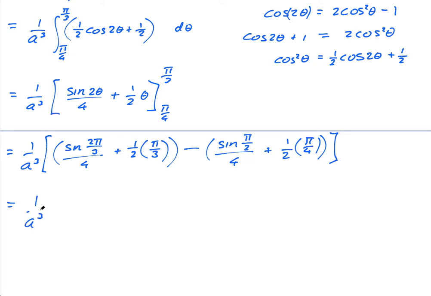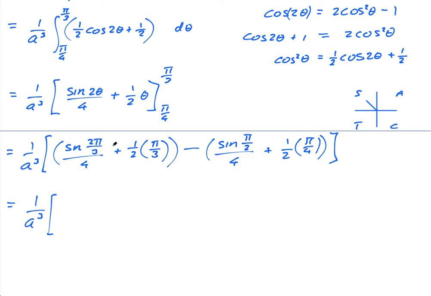1 over a cubed. Now, what is sine of 2 pi over 3? So every bit of this question is hard. So sine of 2 pi over 3, I like to use my CAST diagram, C-A-S-T. So it's going to be up here.